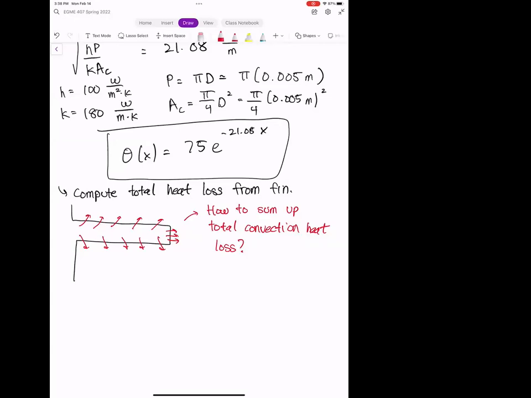And just like we talked about earlier, since the temperature is decreasing along the length of the fin, right? Then the convection heat transfer along the length is going to be changing, okay? And so it's going to be really high at first, and then it's going to decay down as you go along the length. And for this case, since we're assuming the fin is very long, it's going to decay down to 0. Okay? And so how can we sum up all these convection heat losses if it's changing along the fin?